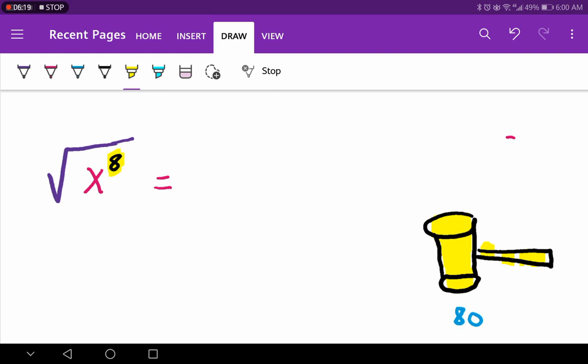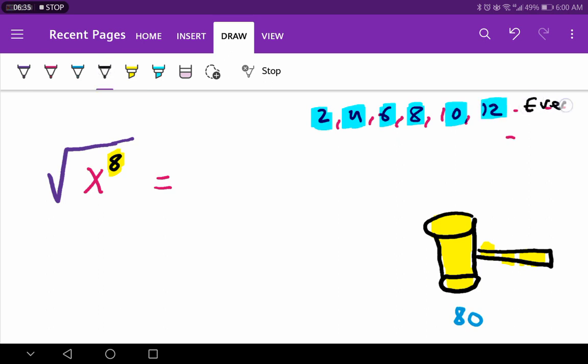The even numbers are 2, 4, 6, 8, 10, 12, and so on. Any number that can be divided by 2 is called an even number. And the odd numbers are 1, 3, 5, 7, 9, and so on. We call them odd numbers.